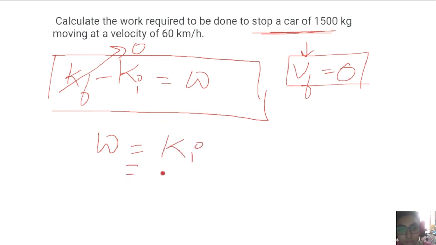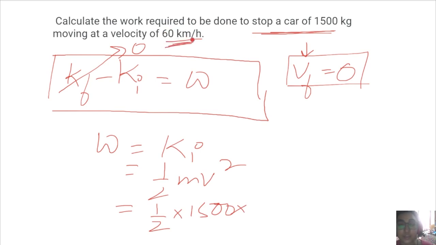We can just do it as half mv square. Mass here is 1500. Now we have to convert 60 km per hour into meter per second. So how do we do that? We simply multiply 60 into 5 by 18.